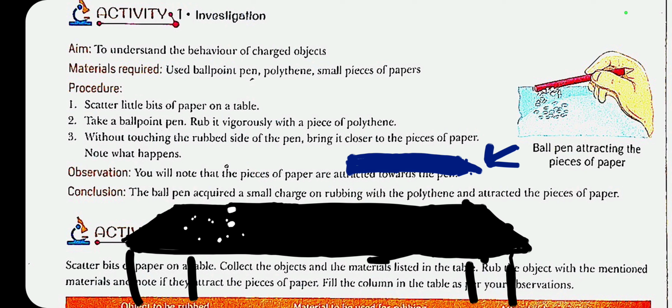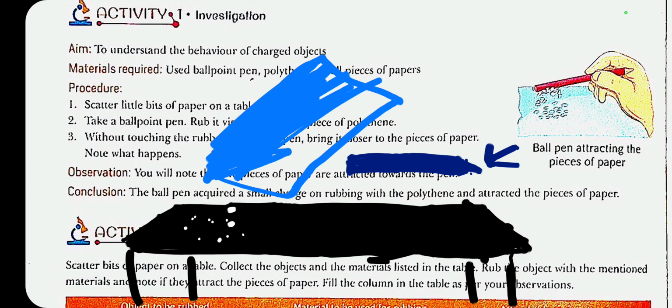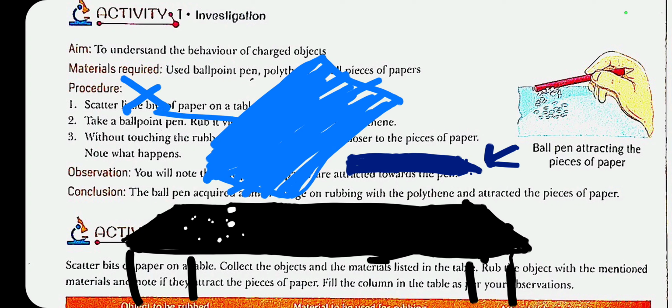I know polythene is not yellow or blue colored. Most of the time it's translucent, but I can't draw polythene with the available color options. So this is polythene.